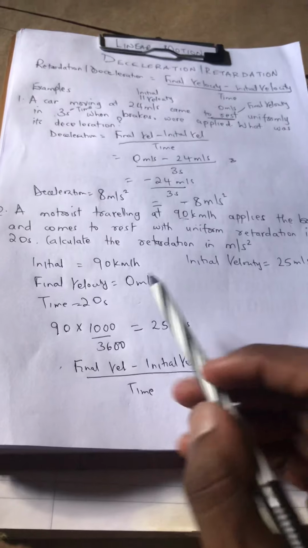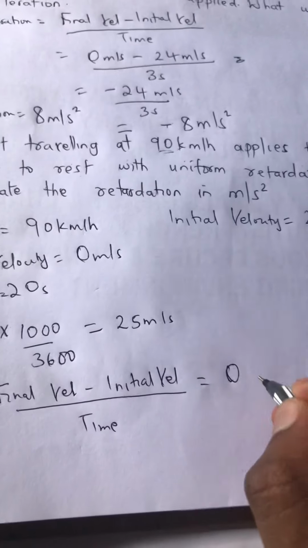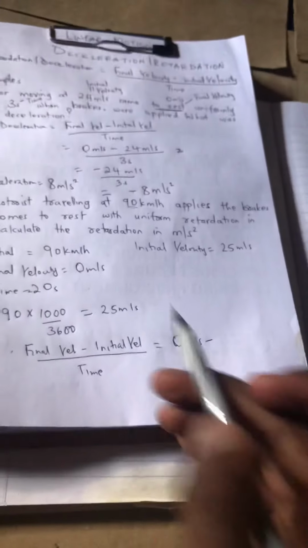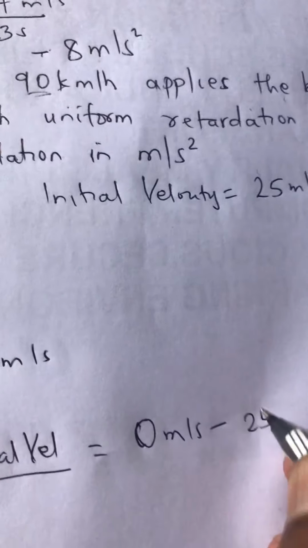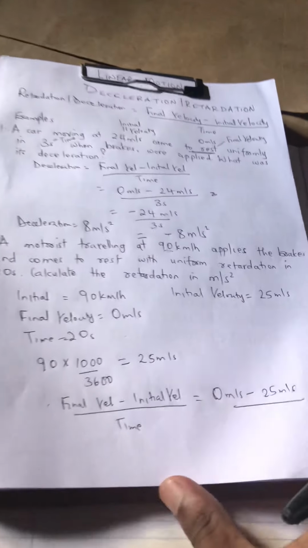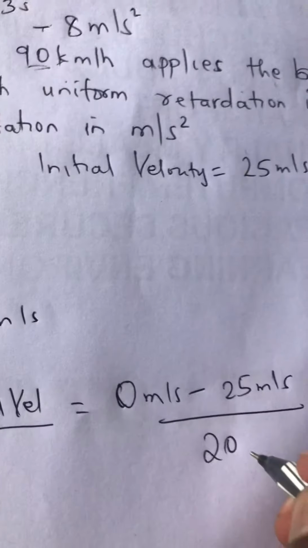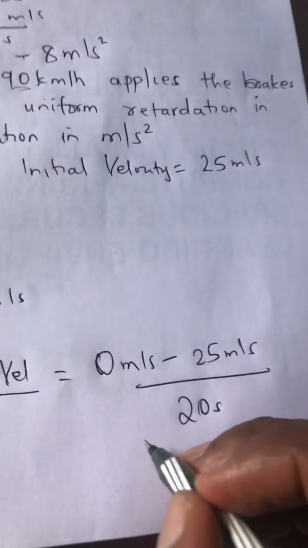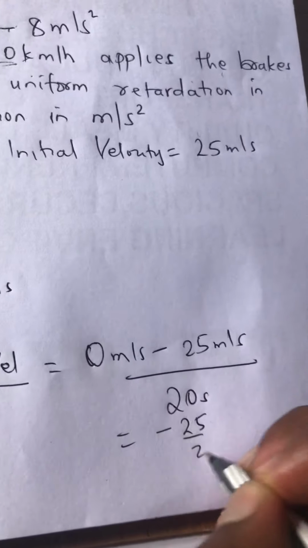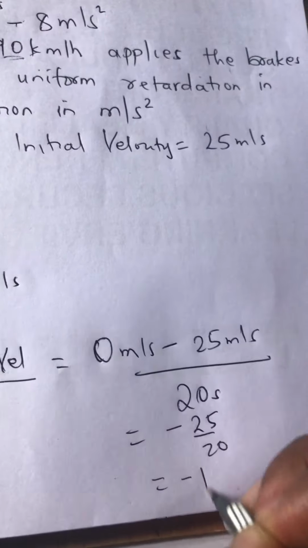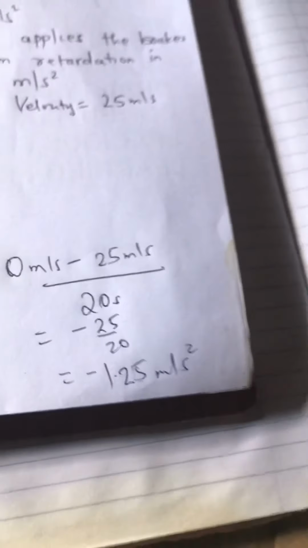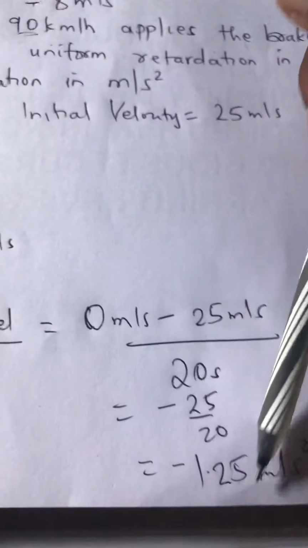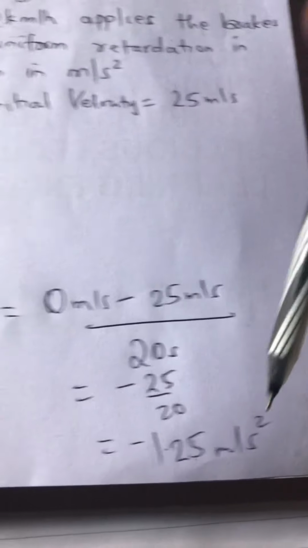Our final velocity is 0 meters per second minus our initial velocity is 25 meters per second divided by the time taken is 20 seconds. So this becomes minus 25 divided by 20, which is minus 1.25 meters per second square.